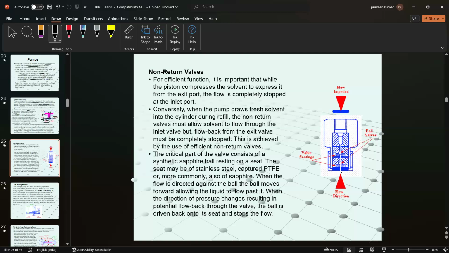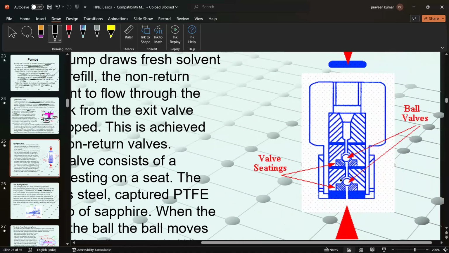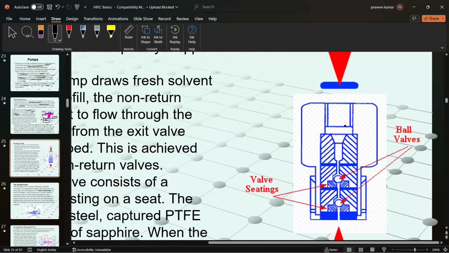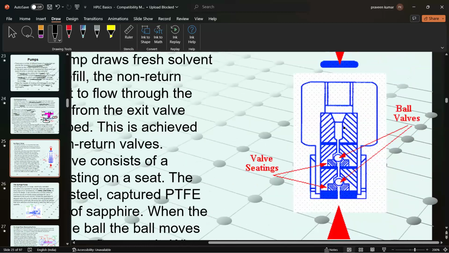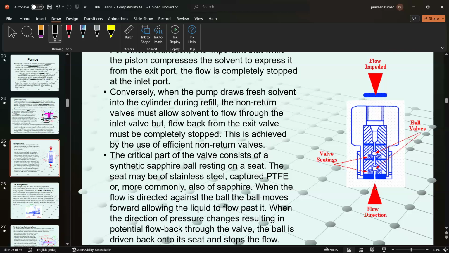Here the valve consists of balls which are made of PTFE or metal. Whenever the mobile phase tries to move forward, the balls get lifted and allow the movement of the mobile phase.